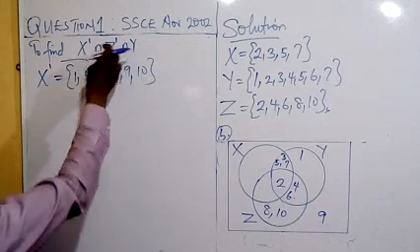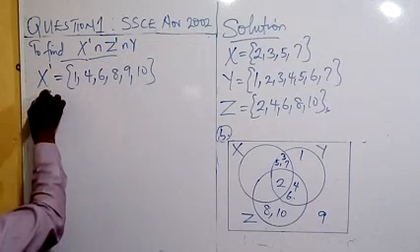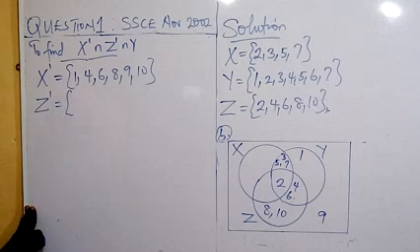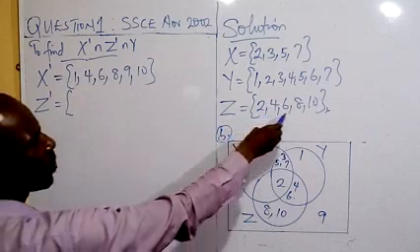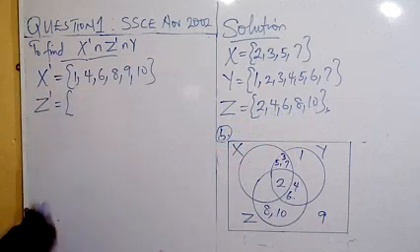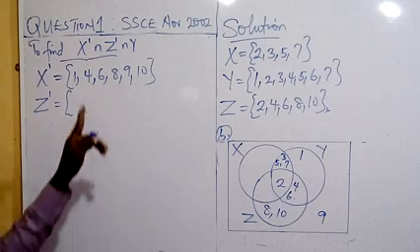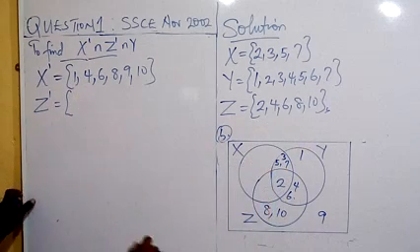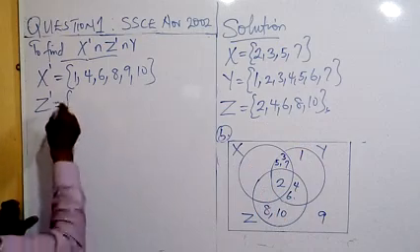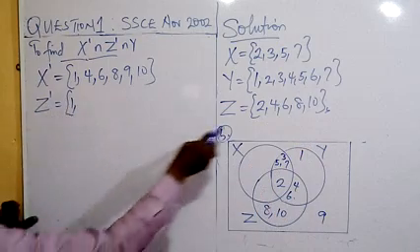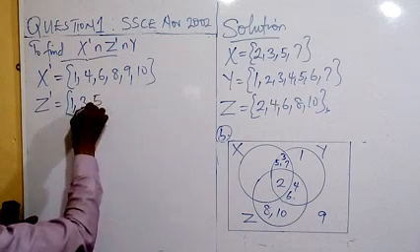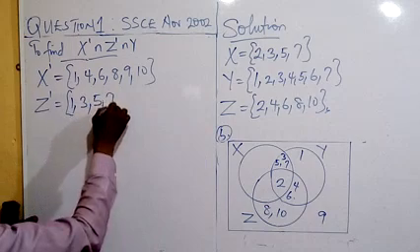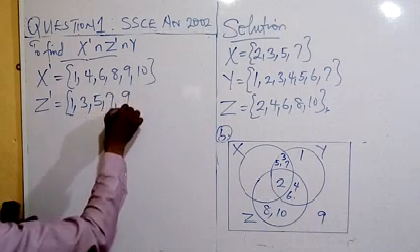All right. Therefore, let's look for Z prime. What are the elements we have in Z? So let's see, we have 2, 4, 6, 8, 10. Therefore, Z prime, don't forget, universal set is from 1 to 10. So therefore, our Z prime will be 1, 3, 5, 7, 9.